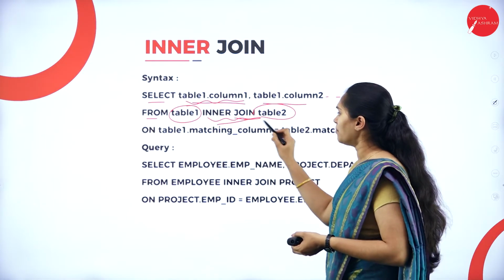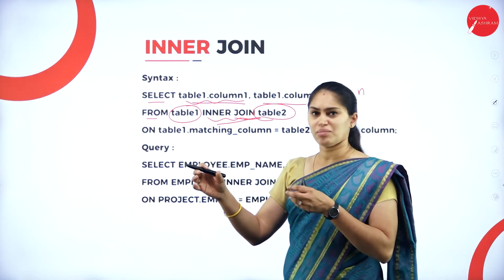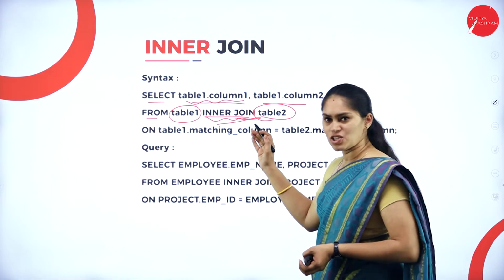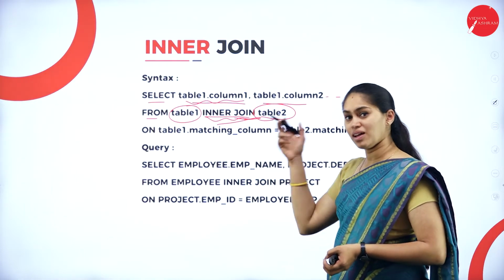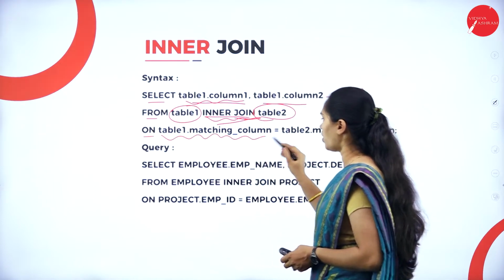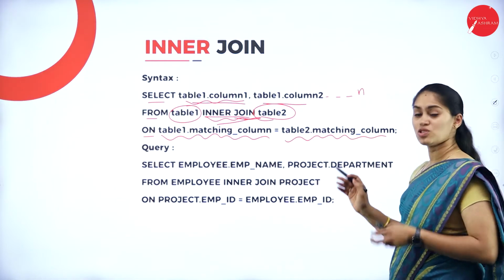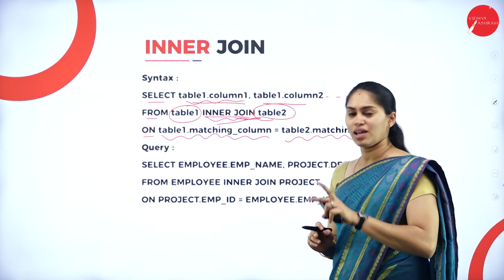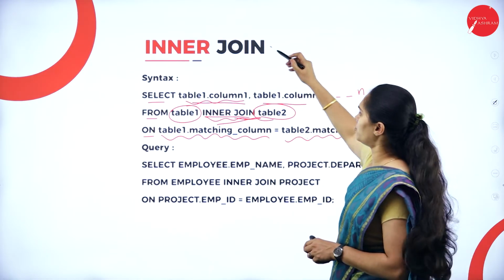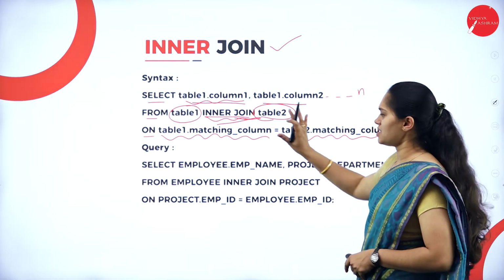And also I am combining the values of table 2, the right table, with the left table, whatever we have, we are combining those two with the help of this inner join. On what condition are we performing this inner join? On table1.matching_column equals table2.matching_column. Whatever matching column we have in both the tables, that will be matched when we are performing this inner join operation. Fine, so this is the syntax.